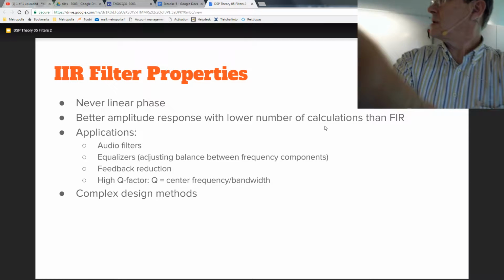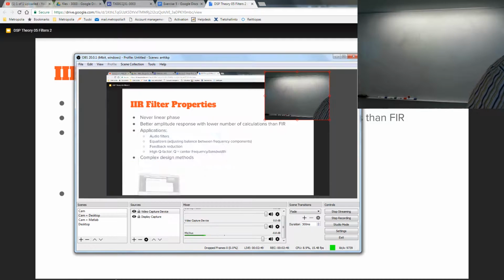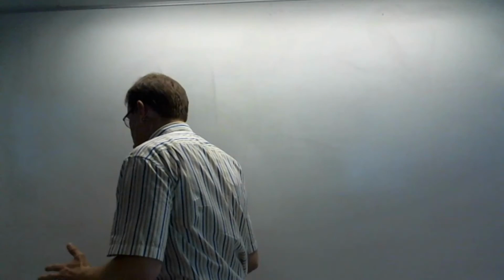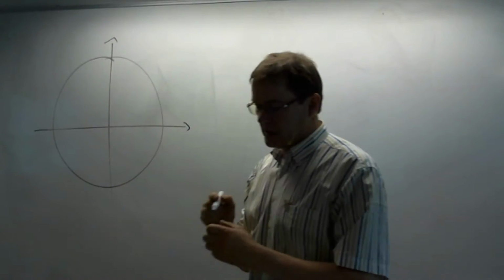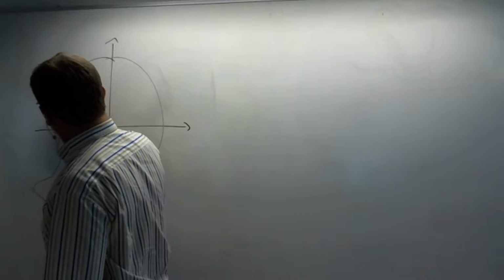I should actually show a couple of things on the white screen about why that is. Remember the complex unit circle. When you have FIR filters, the only way to control the system amplitude response is with the zeros.